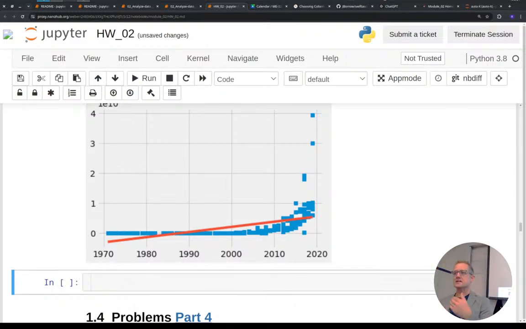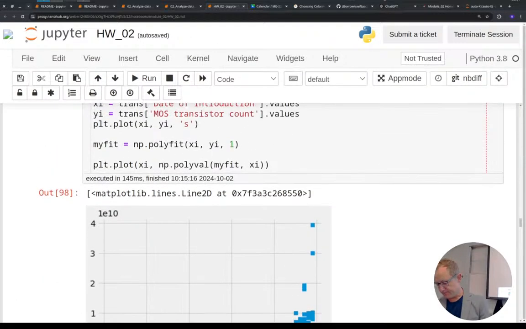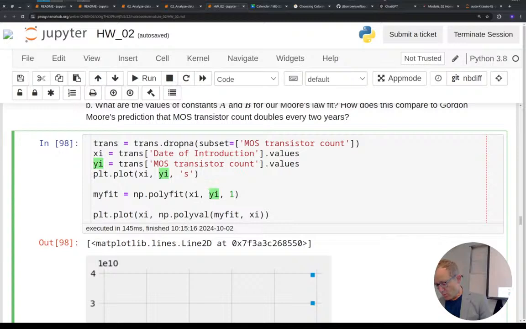So instead I need some kind of log scale, like something to the power of x, like something to that year power. One way to do this, since I'm looking at doubling, if I put it on a log base 2 scale, then my slope is telling me how many years it takes to double, because 2 to the 1 is a double, 2 to the 2 is a quadruple.